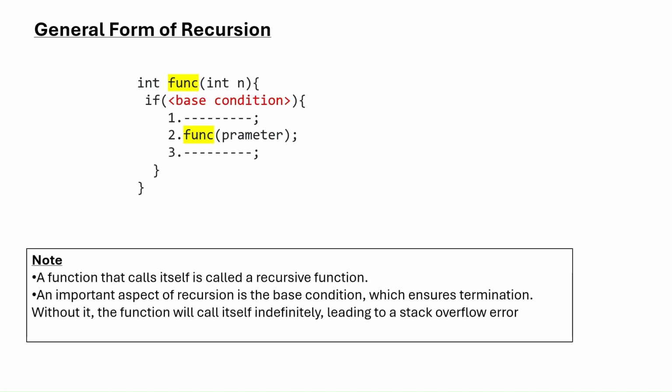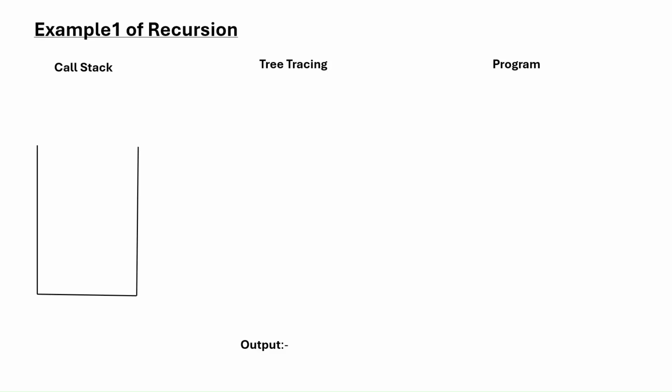So these are the points I have just told: a function that calls itself is called a recursive function, and an important aspect of recursion is the base condition, which ensures termination. Without it, the function will call itself indefinitely, leading to a stack overflow error.